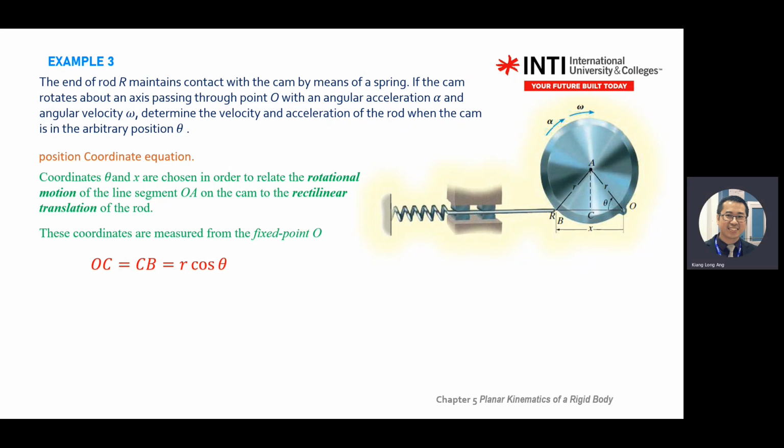OC, how do you calculate OC? R cos theta. Then you have OC, CB. So what is X?